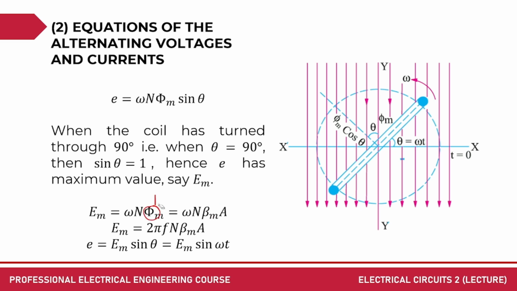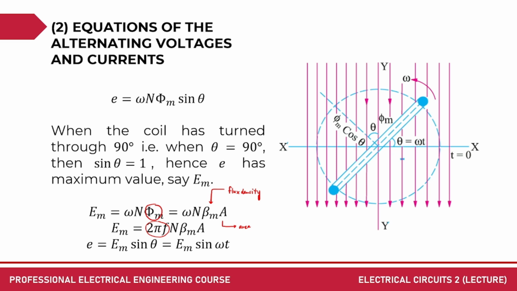And since this is flux, flux is the product of flux density and the area. Since omega, on the other hand, is speed in radians, converting from hertz to radians, it is multiplied by 2 pi.